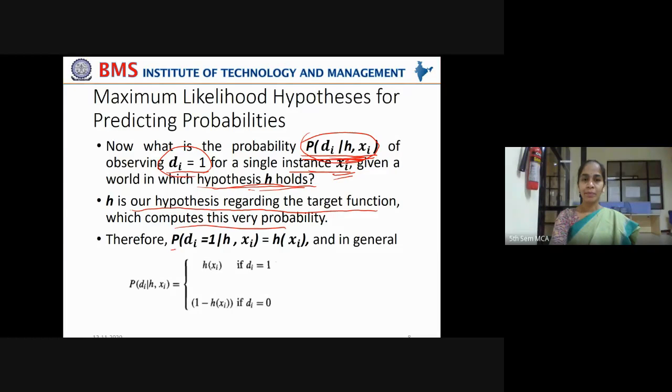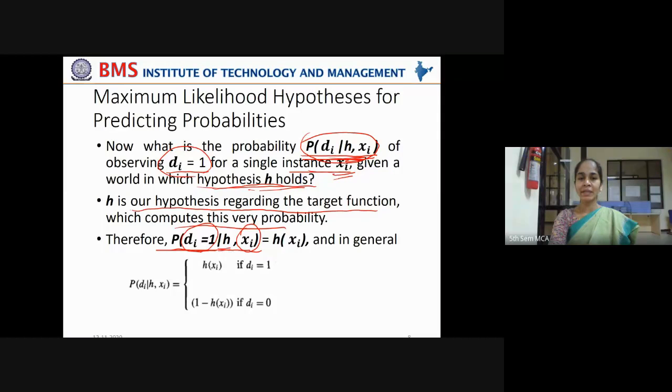Therefore, probability of di equal to 1 given h comma xi, for this training instance, given the hypothesis, is the probability of the outcome becoming 1. Simply you can read it like this. I'm repeating, listen carefully.